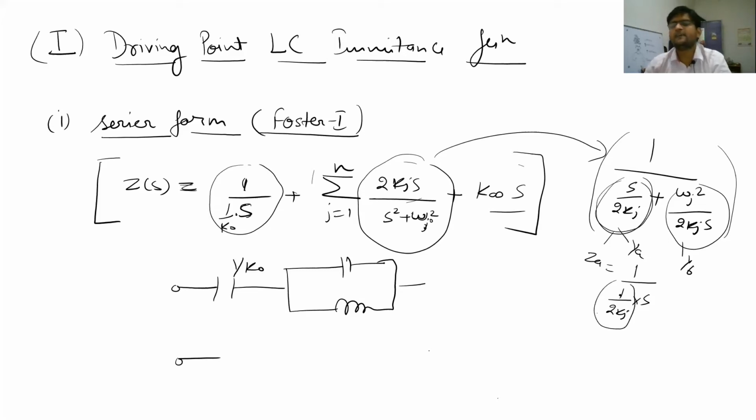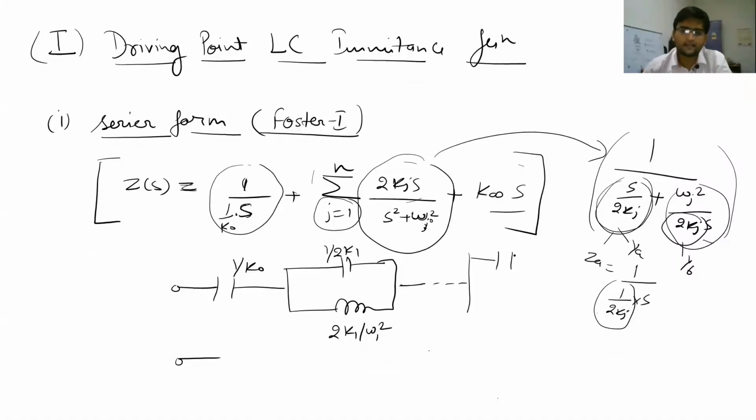So this is basically a capacitor whose value is 1 upon 2Kj. Let's take j equal to 1 for the first circuit, so we will have 1 upon 2K1. Similarly, this function will represent an inductor and its inductance value will definitely be 2K1 divided by omega 1 square. Similarly, if you put j equal to 2, 3 up to n, finally you will get many components, a total of n components.